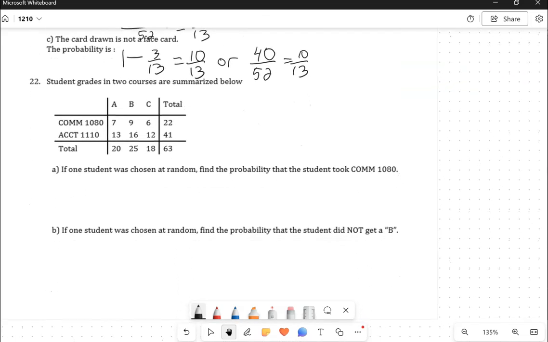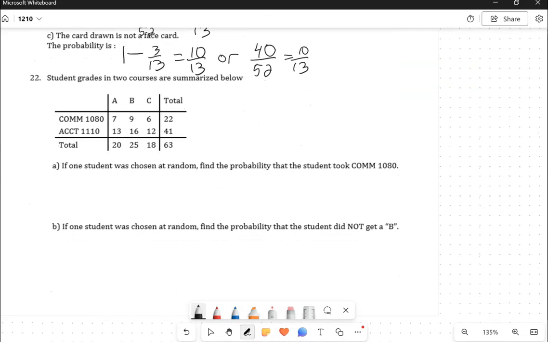Number 22. Student grades in 2 courses are summarized below. If one student was chosen at random, find the probability that the student took COM 1080. COM 1080, there is a total of 22 COM 1080s out of a grand total of 63 in the sample.